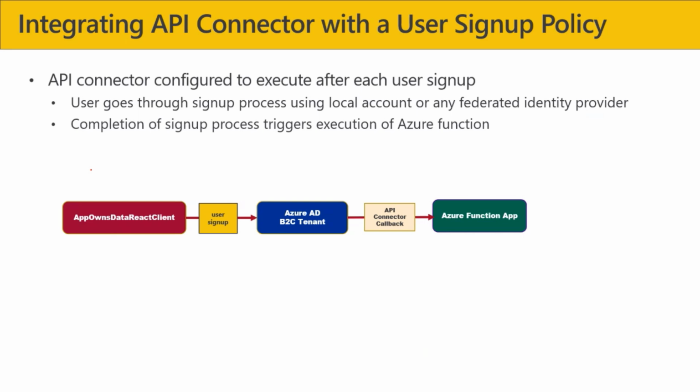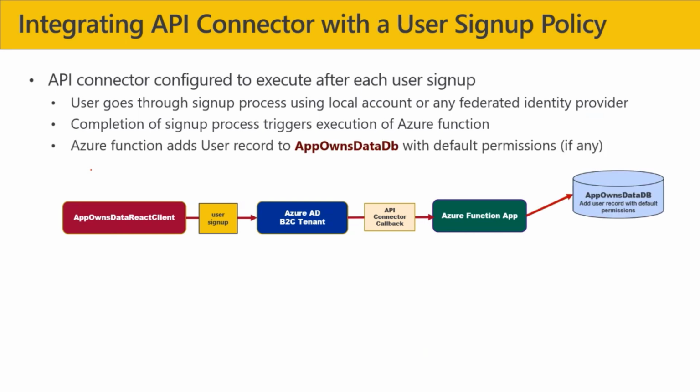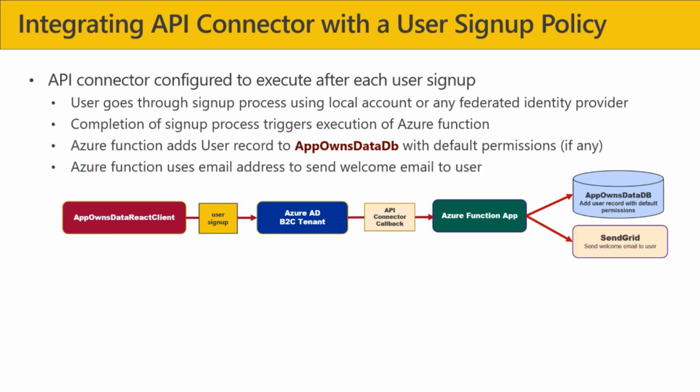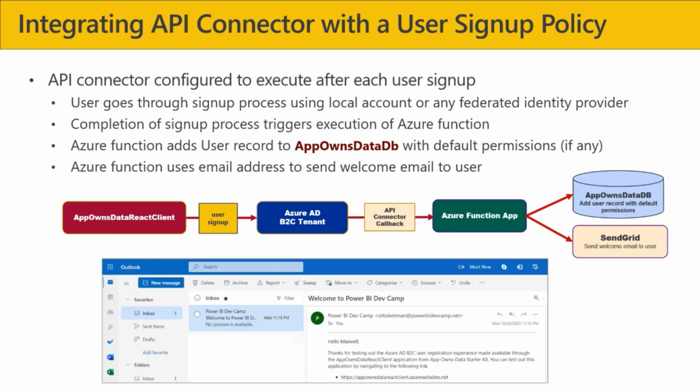What we're going to use it for here is that whenever a user goes through the sign-up process, we want to add a new record into the App Owns Data database to provide access, and we're going to send a nice welcome message inside.